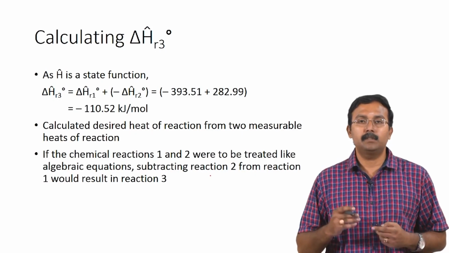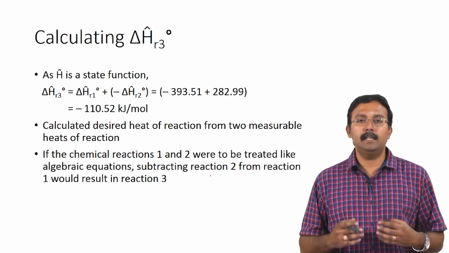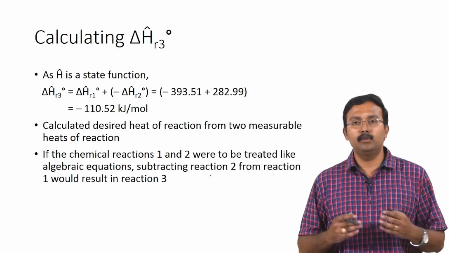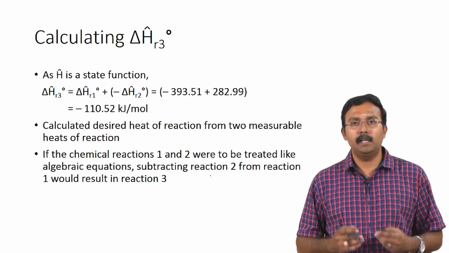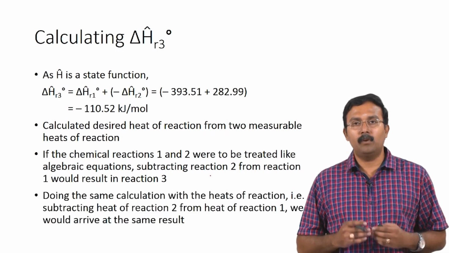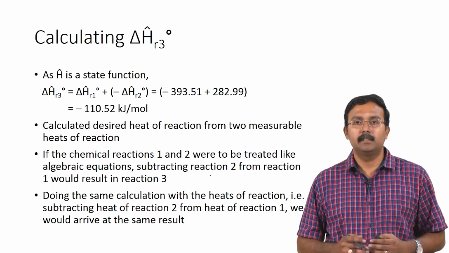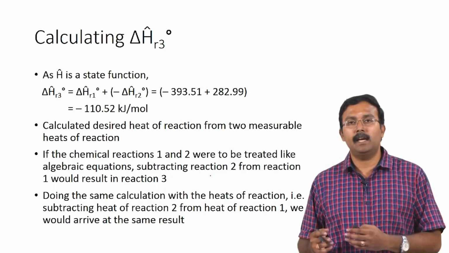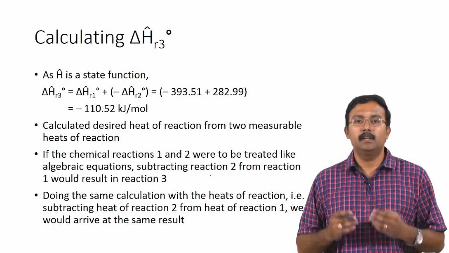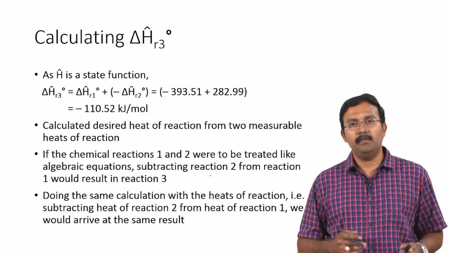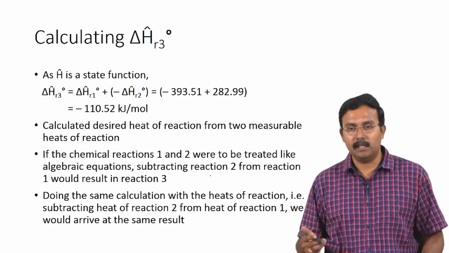If chemical reactions 1 and 2 are treated like algebraic equations, all you did was subtract reaction 2 from reaction 1 to result in reaction 3. That is what we have also done to the heats of reaction. We subtracted the second heat of reaction from the first heat of reaction to get the heat of reaction for the third reaction. You can verify this using the equations that we have.